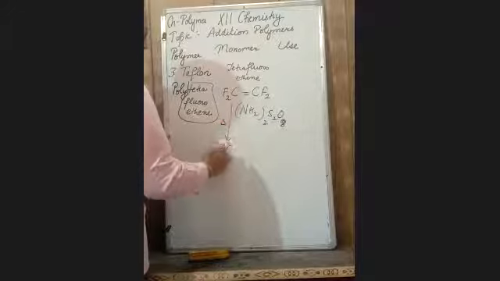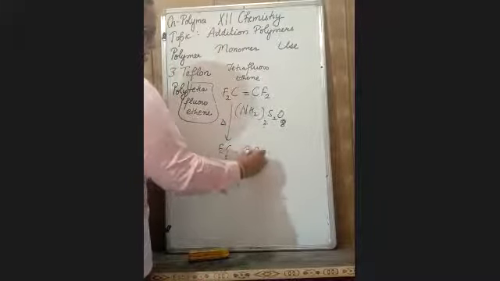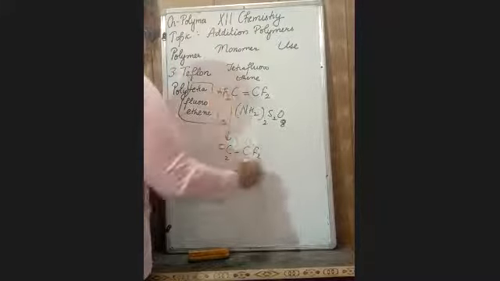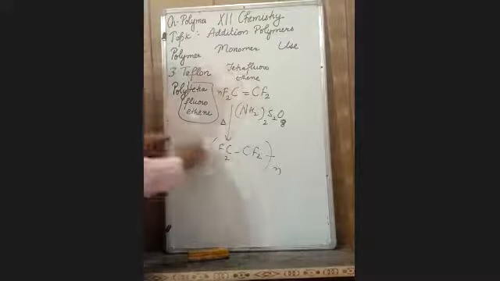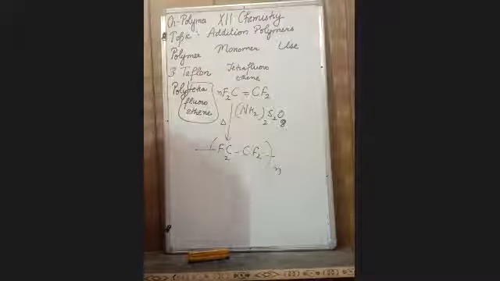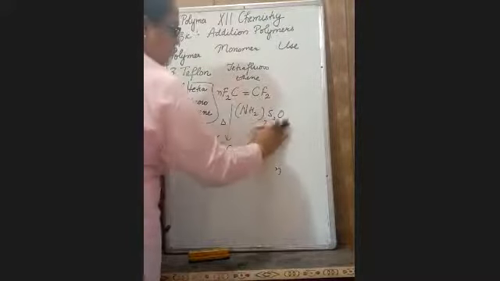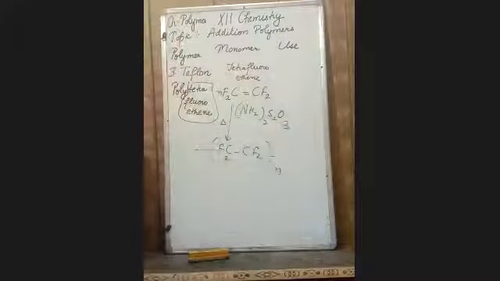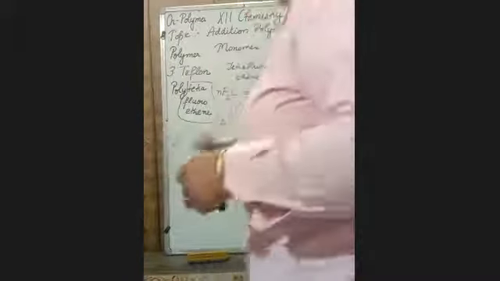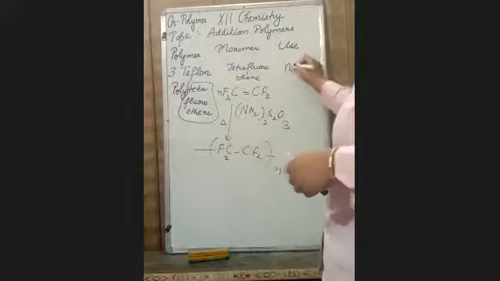They undergo a polymerization reaction to form polytetrafluoroethene. Fine. Its monomer is tetrafluoroethene. It is very common because it is used in the kitchen to form non-stick cookware.